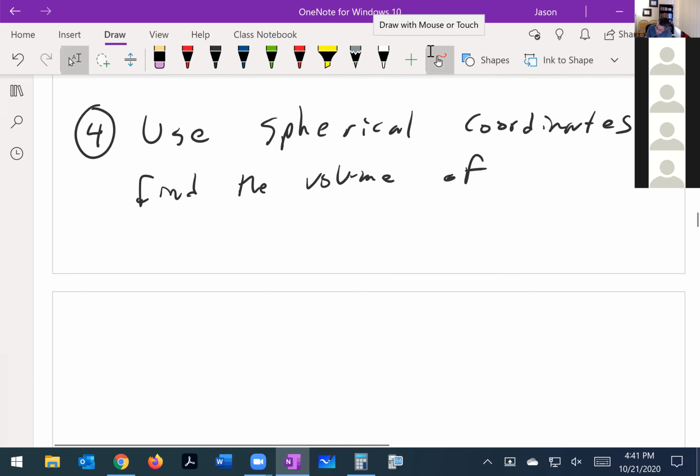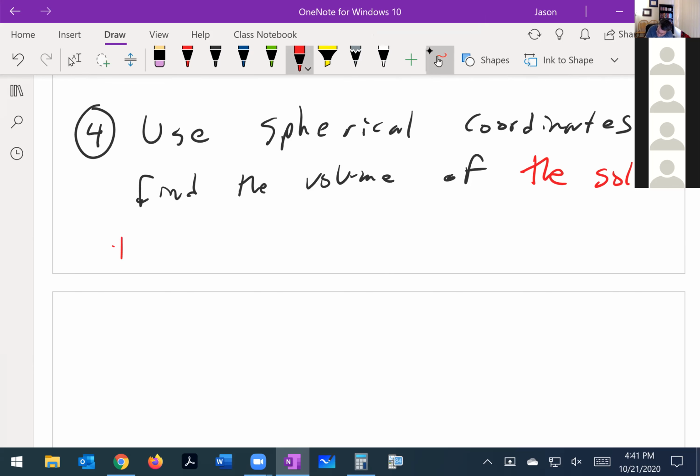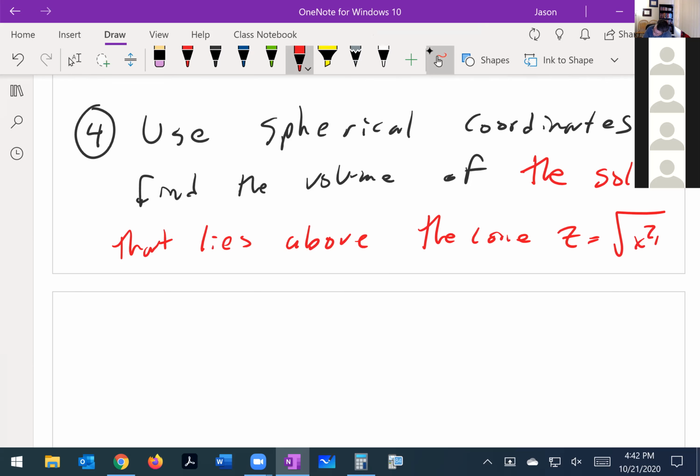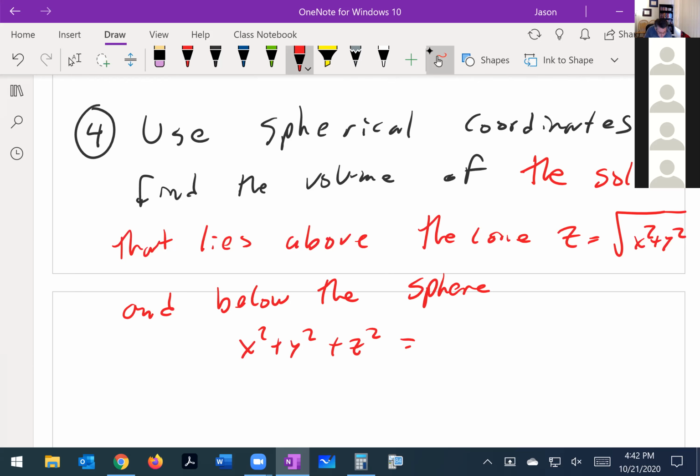Okay, perfect. Use spherical to find the volume of the solid that lies above the cone, z equals square root of x squared plus y squared, and below the sphere, x squared plus y squared plus z squared equals z.